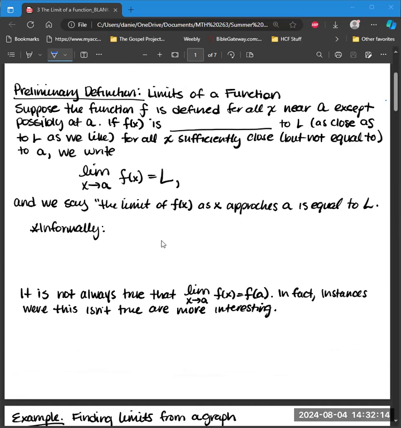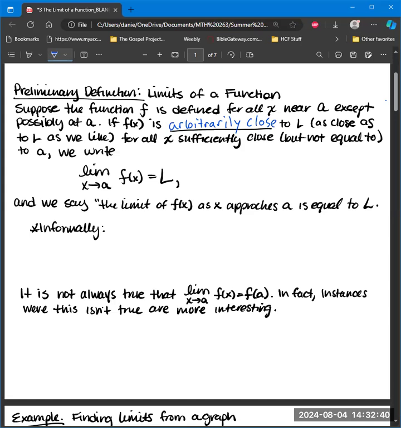If f of x is arbitrarily close to L, as close to L as we like, for all x sufficiently close but not equal to a, then we write the limit as x approaches a of f of x is equal to L.